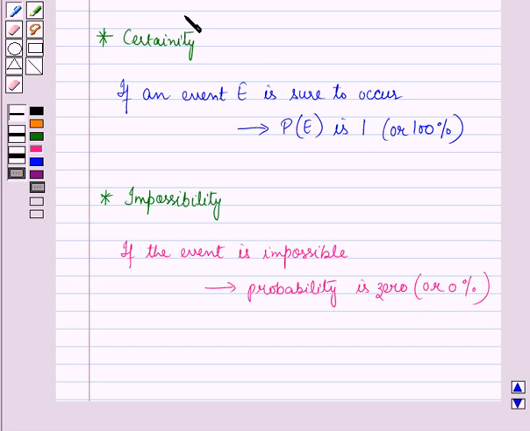In other words, an event associated with the random experiment is called an impossible event if it never occurs whenever the experiment is performed. For example, the probability that sun will rise in the west is 0. So this is an impossible event.